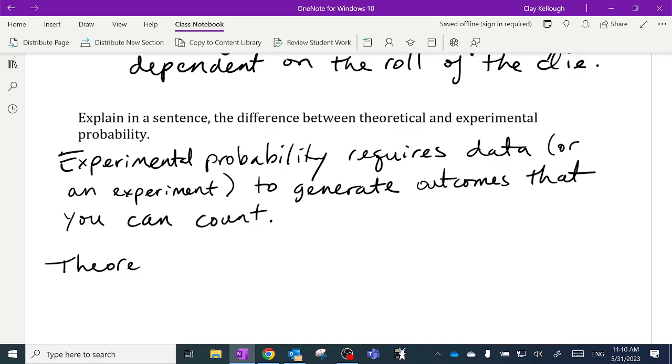Theoretical, this is probably two sentences, not one. I'll say in two sentences. There we go.